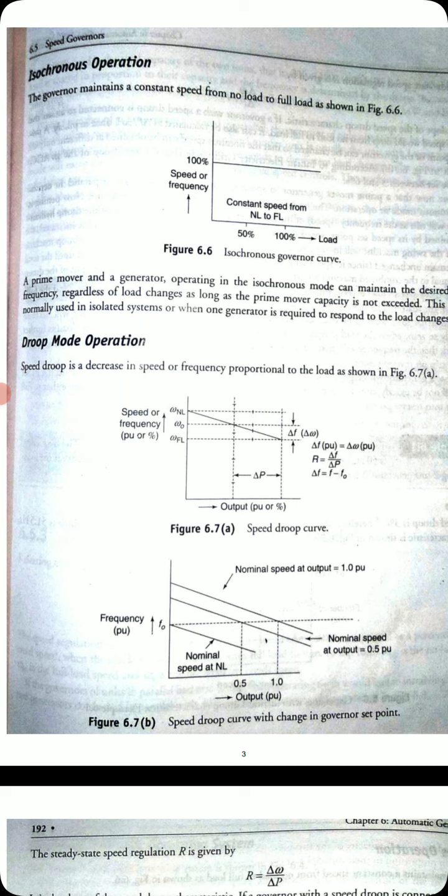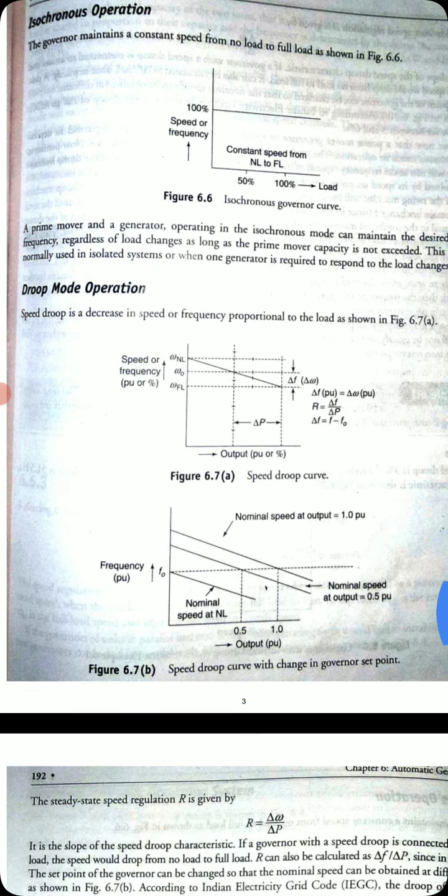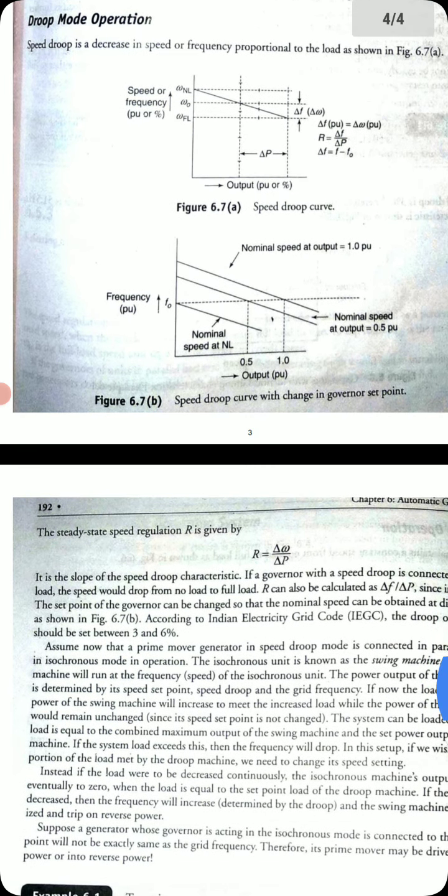Then another one is the speed droop curve with the change in governor set point, the second one. So you can see in figure B, the steady state regulation R is given by delta omega by delta P. As I told you, it is the slope of the speed droop characteristic. If the governor with a speed droop is connected to an isolated load, the speed would drop from no load to full load.